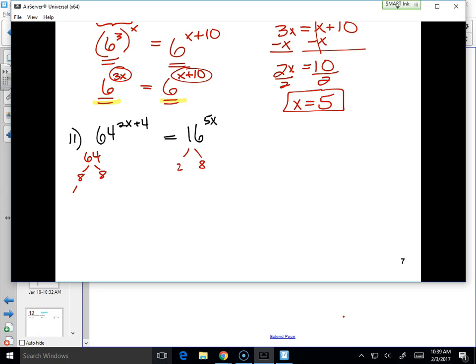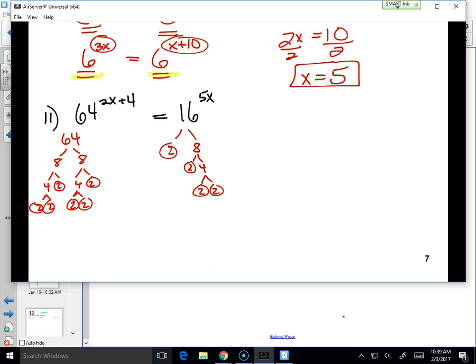Then the 8 we can split up to be 4 and 2. The 2 can't go any further. Yeah, I'm seeing that we better go all the way back to 2s to make a match, right? Now they're not going to be the same power of 2, but that's all right. That doesn't matter. Not a big deal.